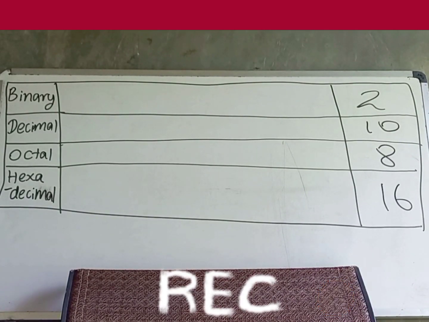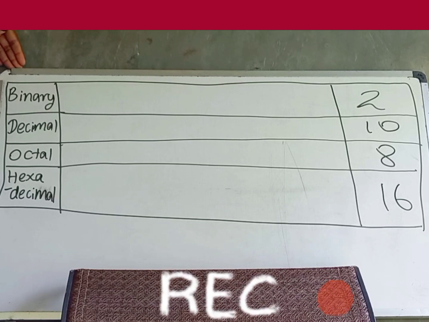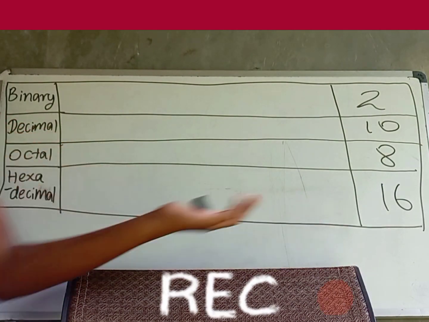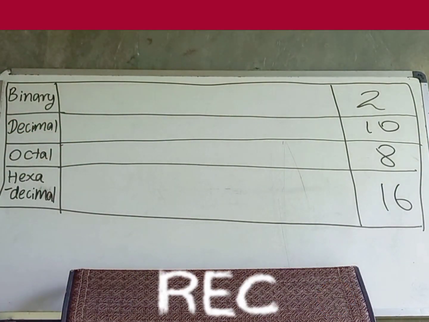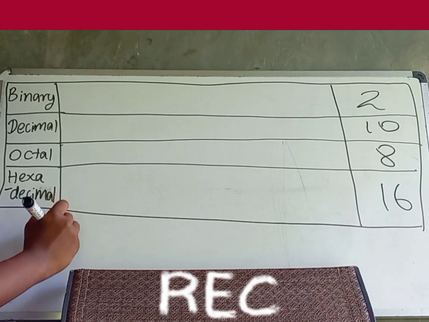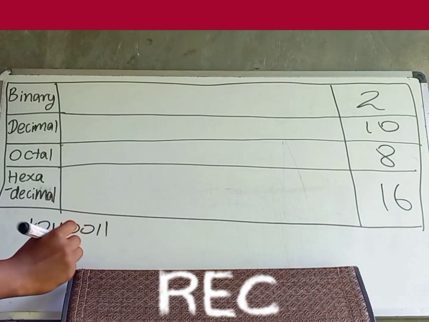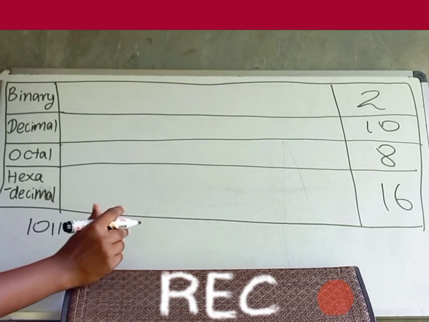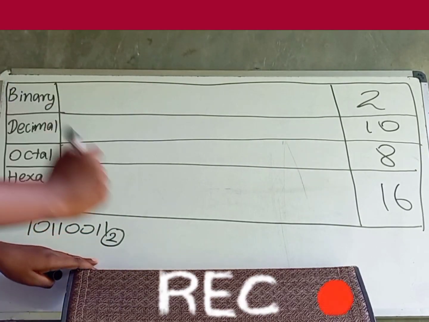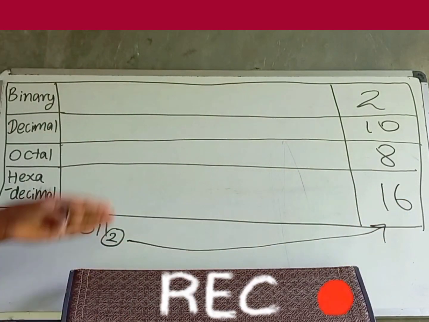Let us look at this table. Here, these are the 4 main different number systems: binary, decimal, octal, and hexadecimal. And this is their bases. What are bases? If you take this number system, there's this little number that is called a base.